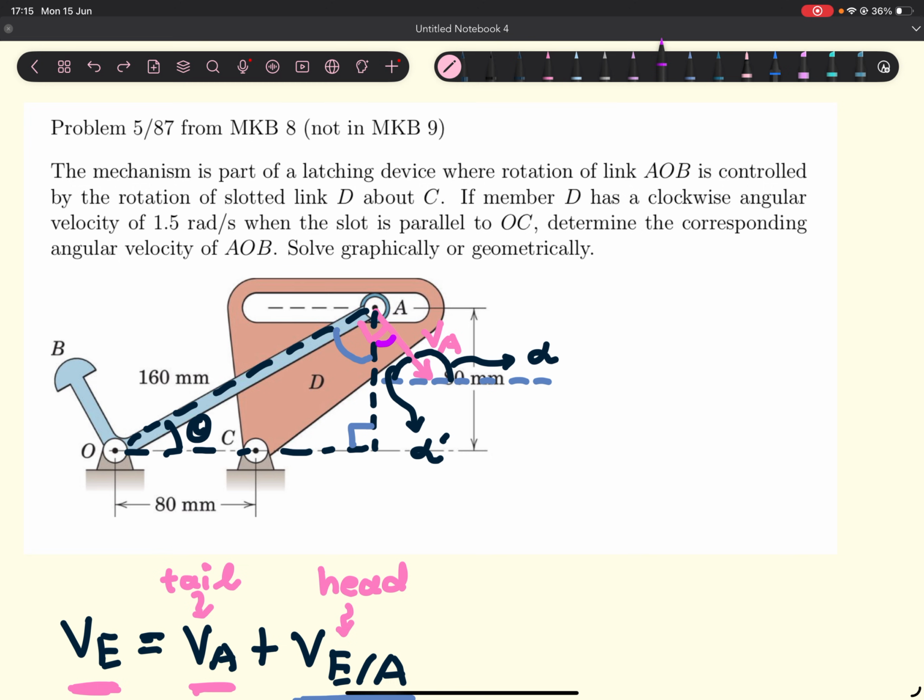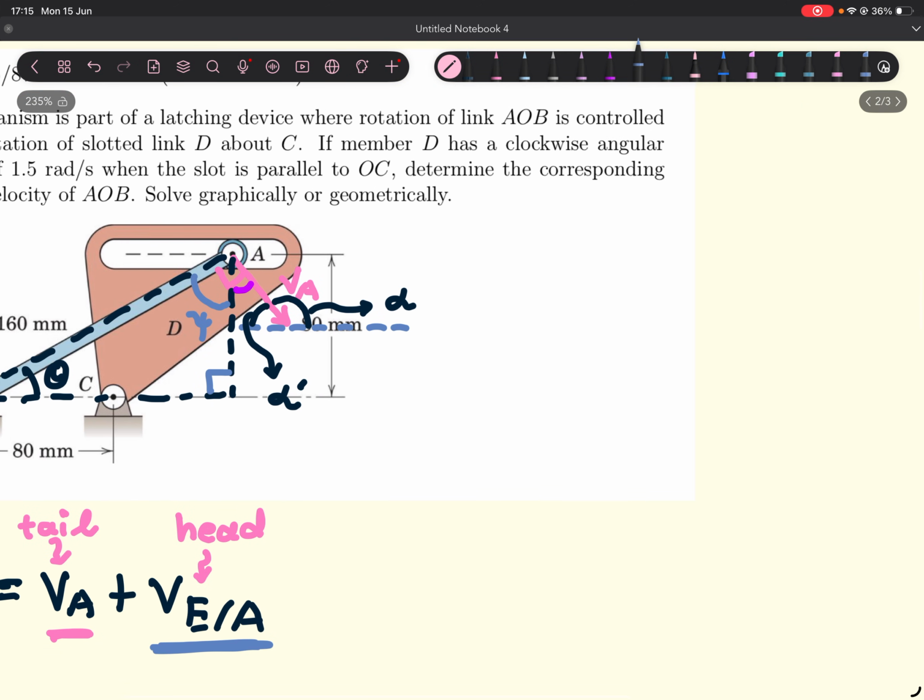So theta, let me call this angle here psi. So I know that psi is equal to 90 minus theta, and we've solved for theta.